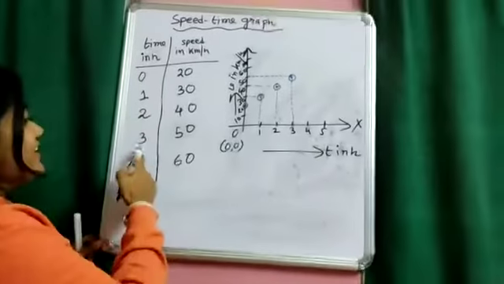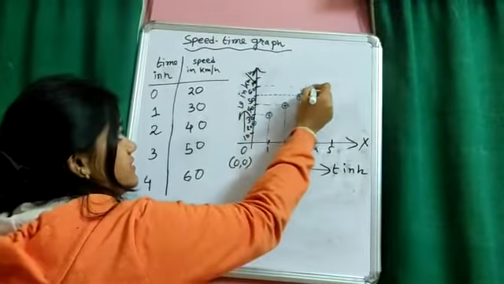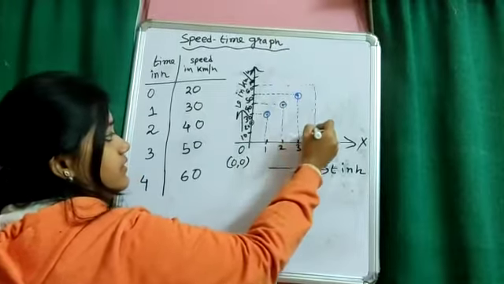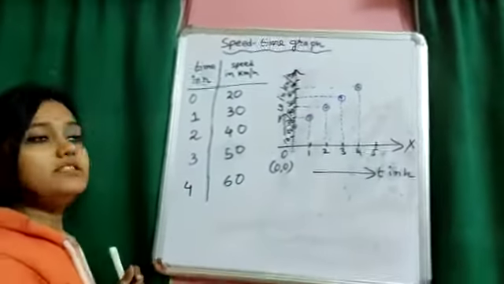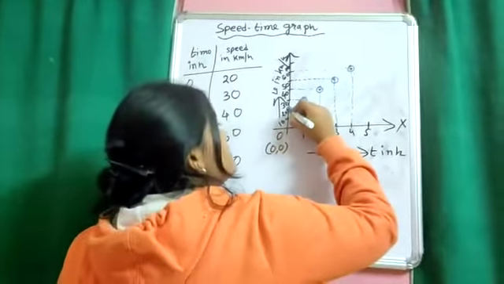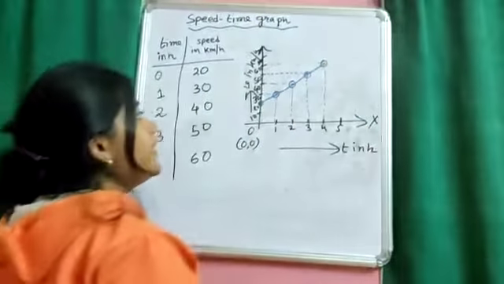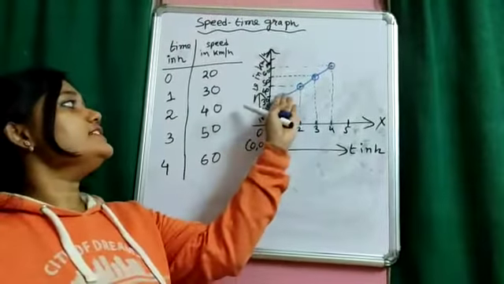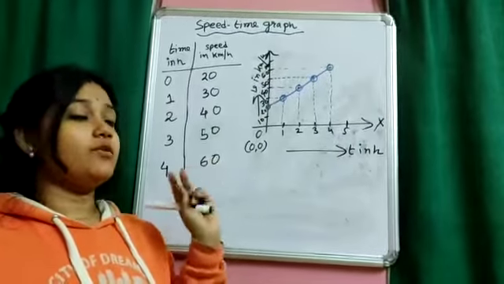Next one 4, 60. So till this much I have the data. Let us join it. So this is the type of the graph.